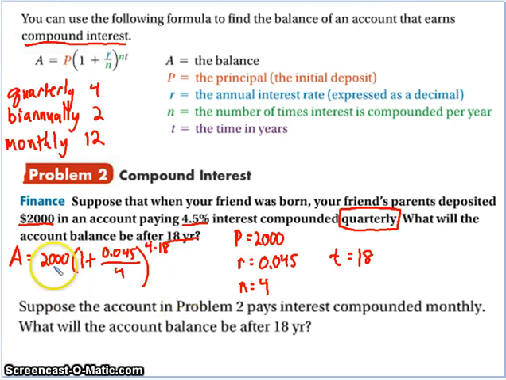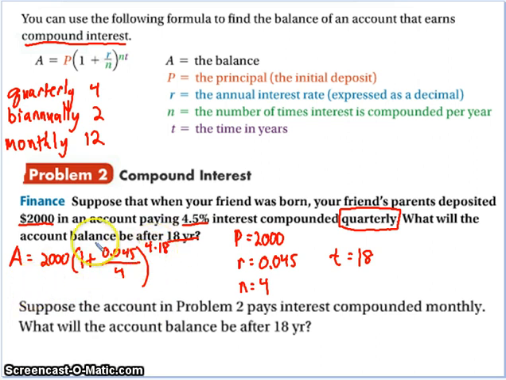So we have P, the amount that we started with, R, the rate at which it's growing, N, the number of times that it's being compounded, and T, the amount of time that it stays in the bank. Alright, so I would suggest you pause and you plug this in.